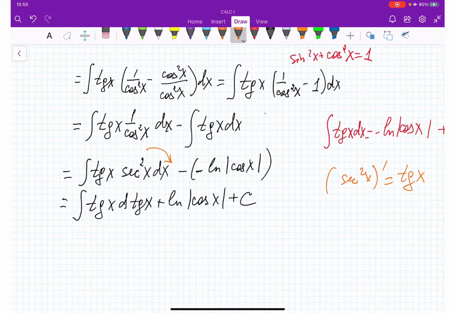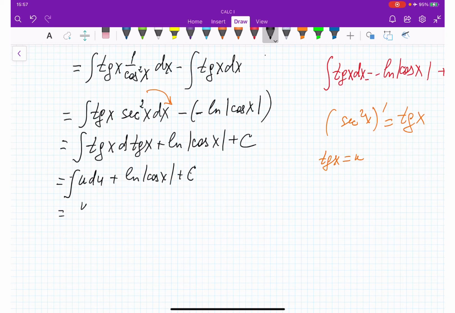If we substitute tangent x as u, we will get the integral of u du plus natural log of cosine x plus c.